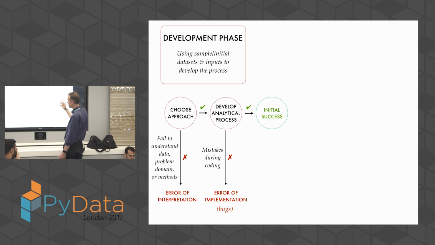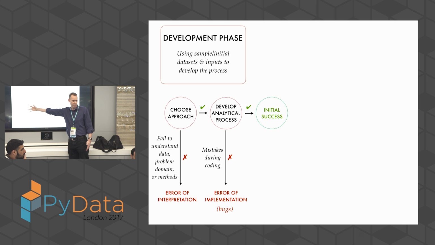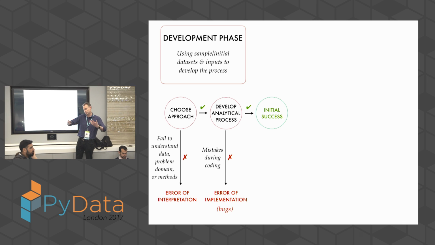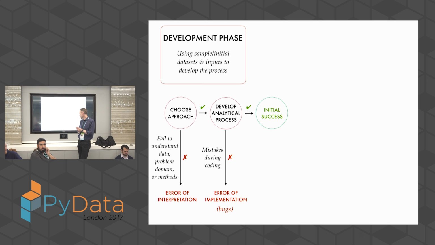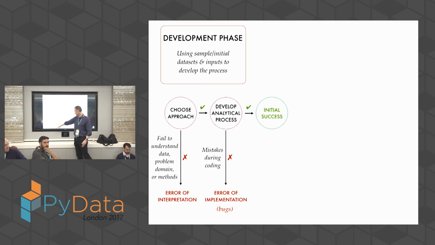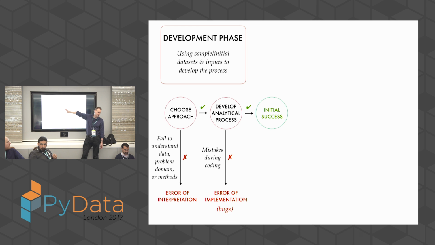So it's possible to make mistakes during, I'm calling it coding, but in the process of doing the first actual instance of the analysis. And just because we like calling them all error of something, we call that an error of implementation, but there's a more familiar word for that. That's just a bug, right, in conventional software terms. And in terms of our sample data, pretty much if we get the approach right, if we choose good algorithms, if we understand our data and we implement it correctly, then hopefully we'll get some initial success.